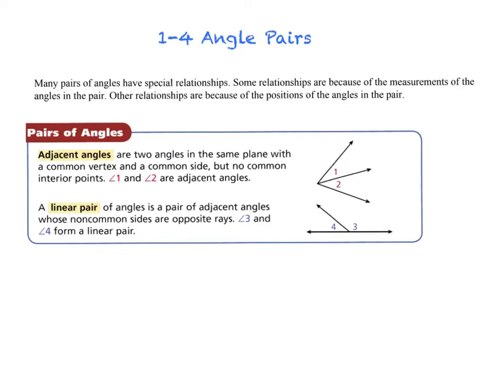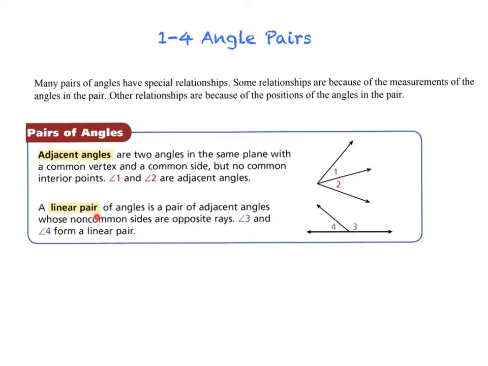So when we look at our first two definitions here, adjacent angles, we kind of talked about this in the last lesson, right? Because we were talking about the angle addition postulate. Adjacent angles are two angles that are basically just right next to each other. The more specific definition in geometry is that they share one of their rays. So they have a non-shared ray and one shared ray.